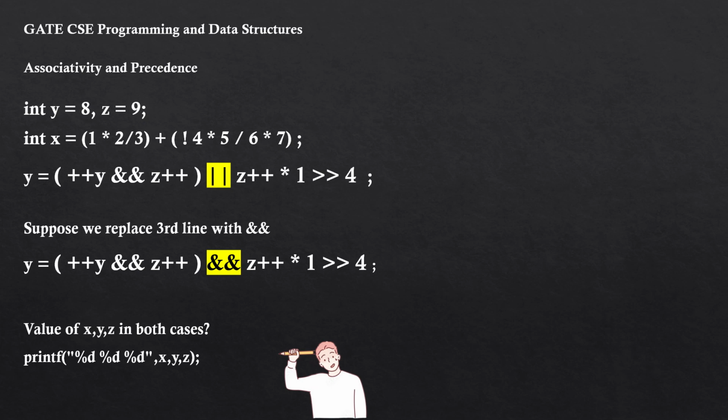Programming and data structures. Topic for today is associativity and precedence. You got 1 minute to solve.